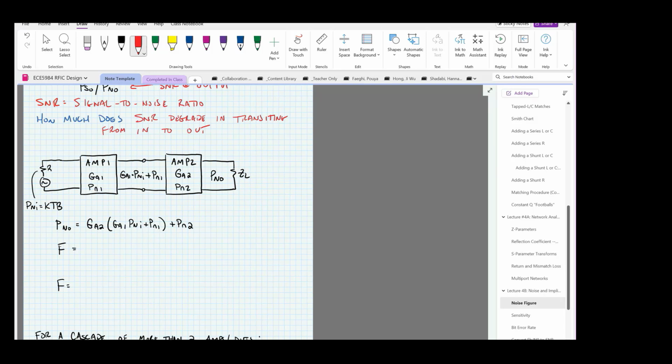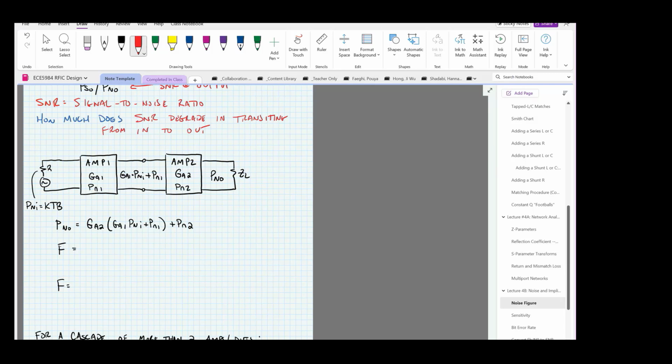The power of the noise at the input is equal to KTB times R. And we can work our way through and show that the power of the noise at the output is equal to the gain of the first stage times the input noise plus the noise of the transistor times the gain of the second stage plus the noise of the second amplifier.